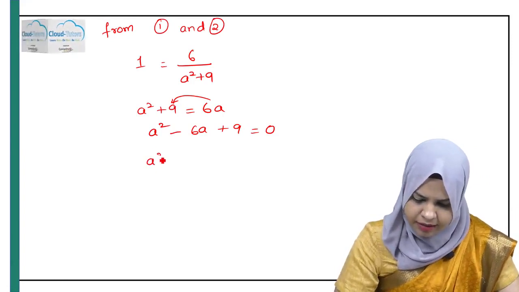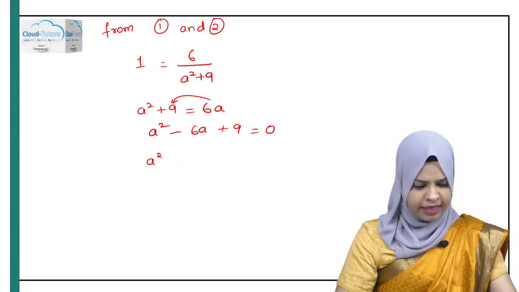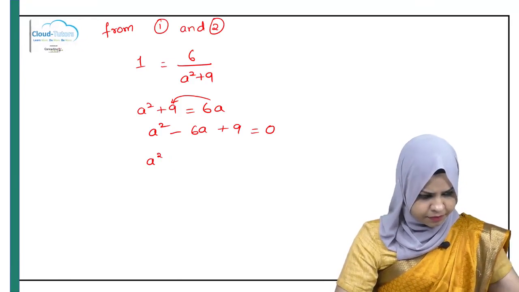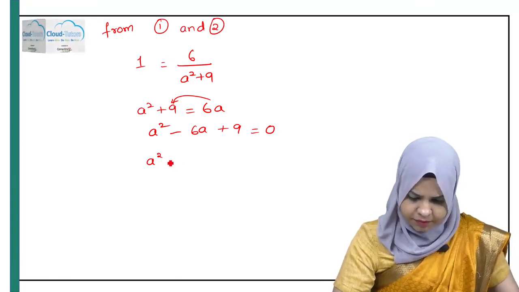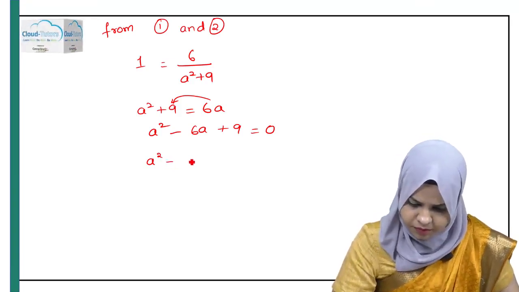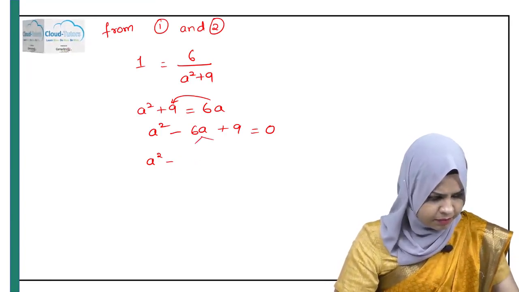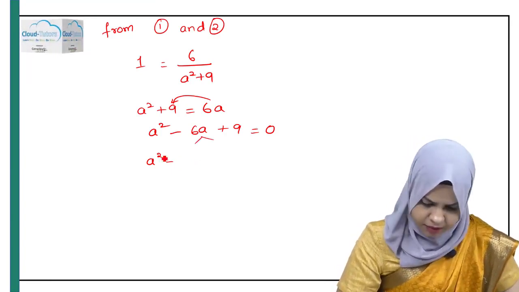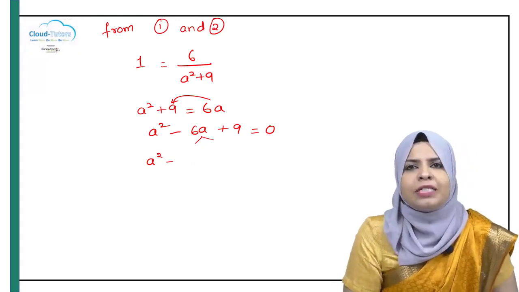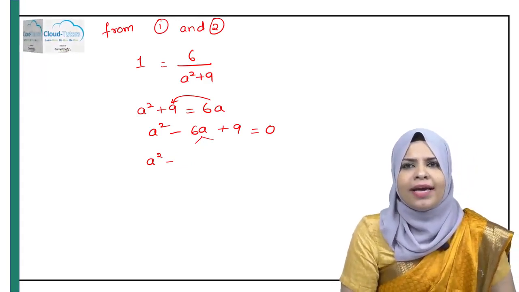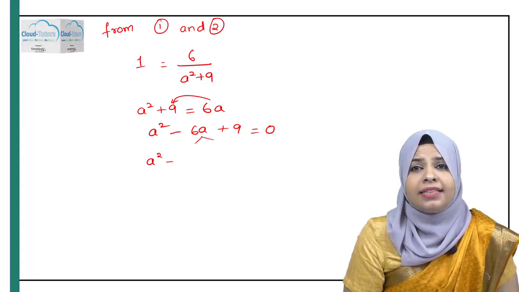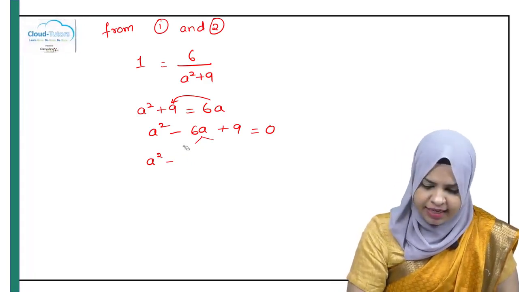A square minus 6a. How do we write this 6a? How do we split this? Remember, now again we need to apply the identity. What is the identity?